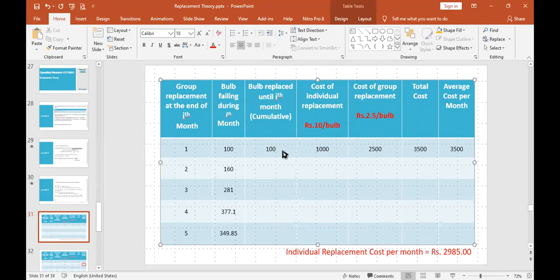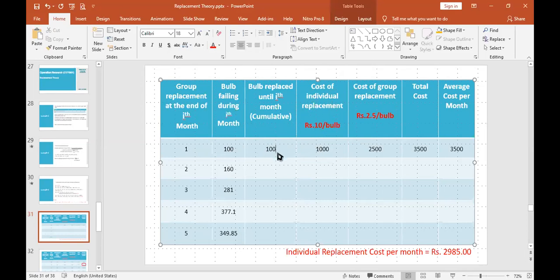Now for that, we are having total number of bulbs within the system, or the bulbs which we are using, is 1000, and the first month probability was 10%. So 100 bulbs are to be replaced, and in order to replace those 100 bulbs, we must spare individual replacement.